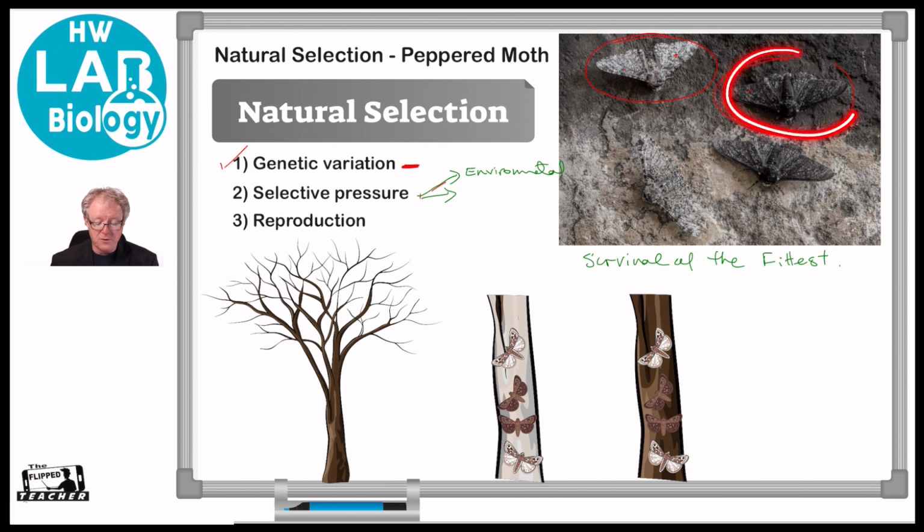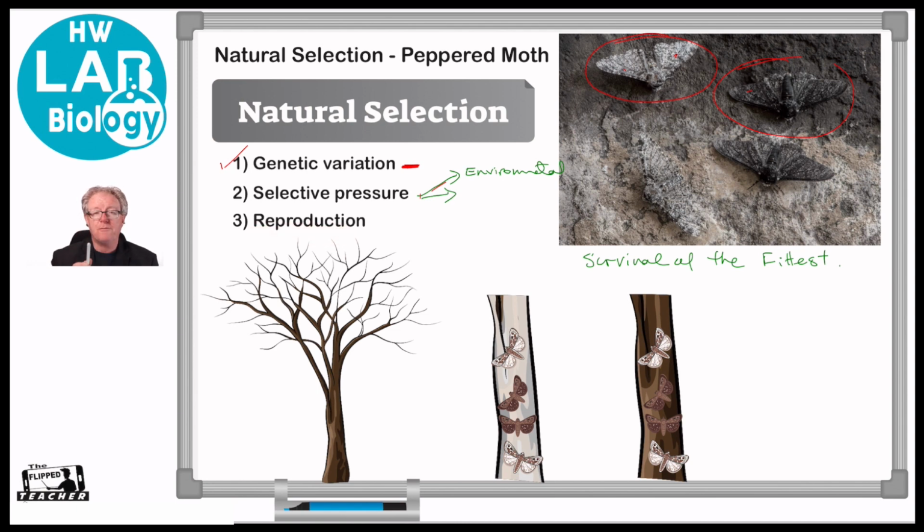The more of the black forms survived, therefore they were able to reproduce and pass on this characteristic to their offspring, and so the numbers went up for black, went down for white. So survival of the fittest is that term: those that have a favorable characteristic for the selective pressure will survive, and then they will reproduce and pass on that characteristic.